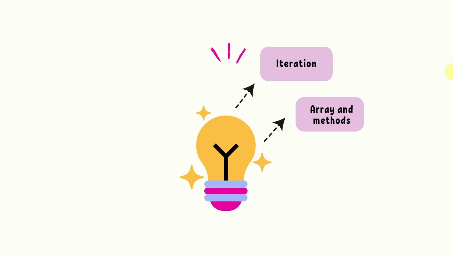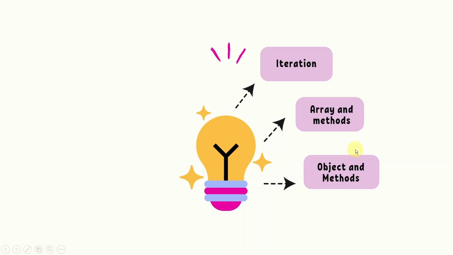Inside this, we have higher order methods: the map method, filter method, reduce method. These methods are very, very important. And if you want to get started with learning a JavaScript framework, these higher order methods are widely used, and every time they are used. So learning arrays and their methods is very important.